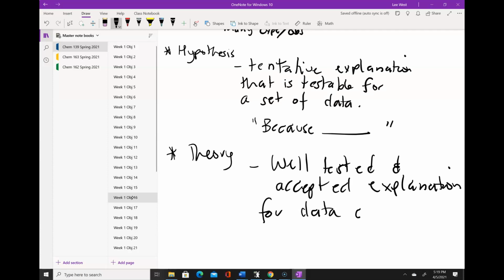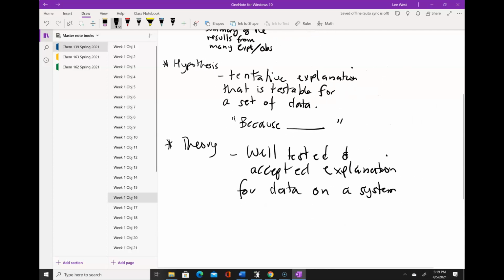Data on a system. So this is like, more than one person has come up with this. And the thing about a theory is that it has the property of being able to make predictions about related systems.